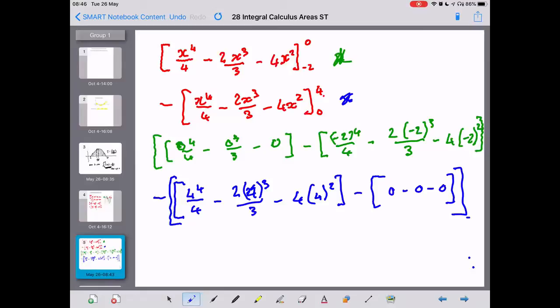So with your calculators, tell me what answer you get for each of these two, the green box and the blue box.